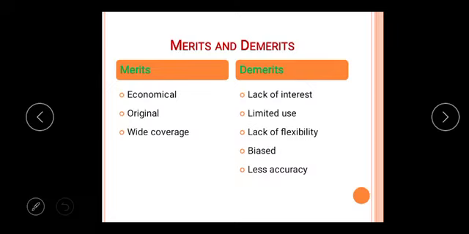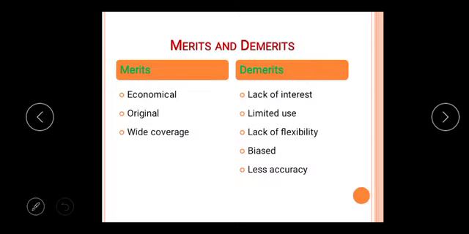The first important advantage of mailed questionnaire method is that the method is economical in terms of money, in terms of time, and in terms of efforts involved. Means this method is relatively cheap and expeditious provided the informants respond in time.